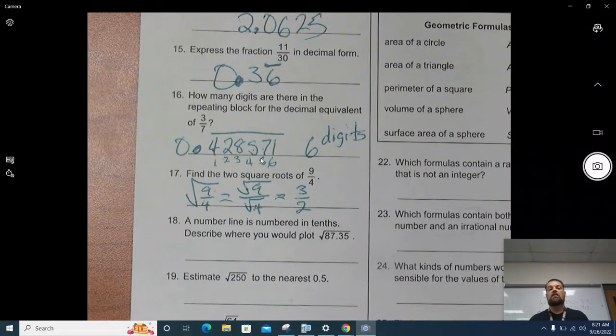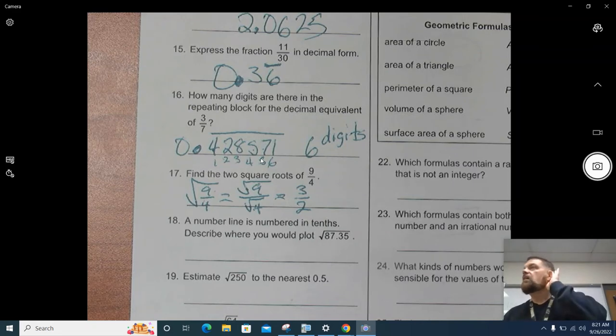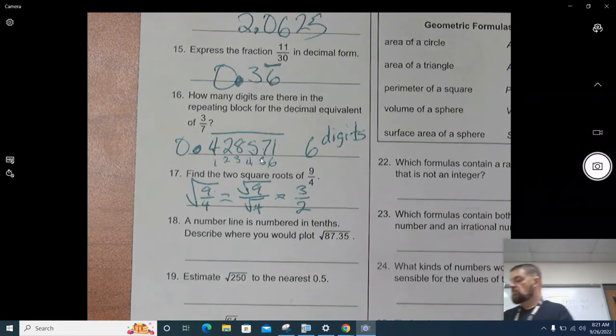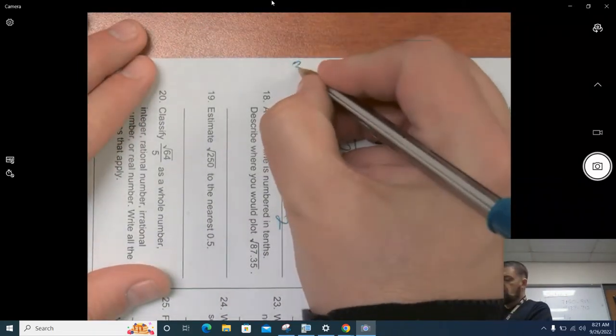What do you think? I think we need to make it a mixed number because it's improper. Wrong. Let me show you. 3 over 2.